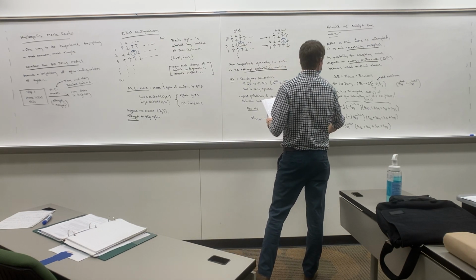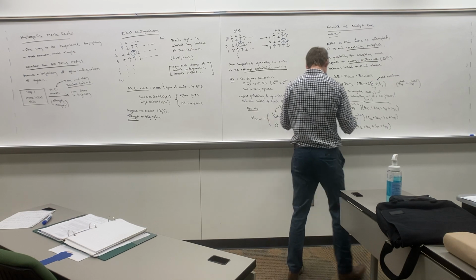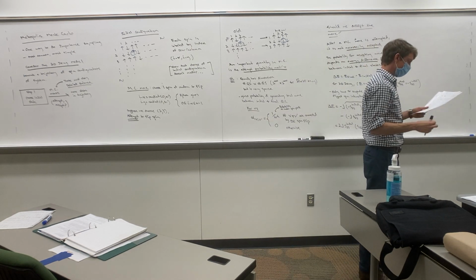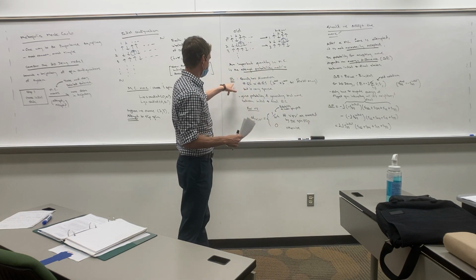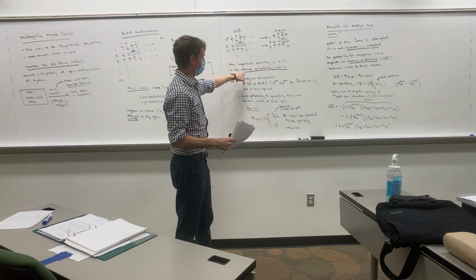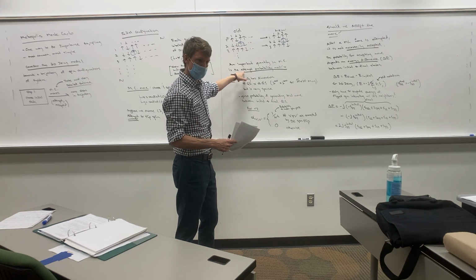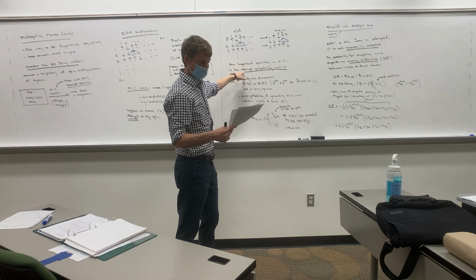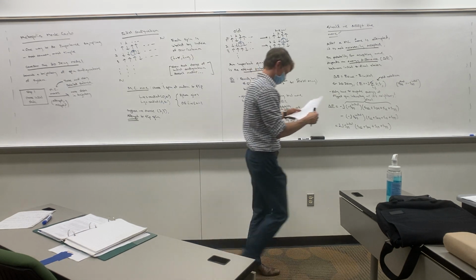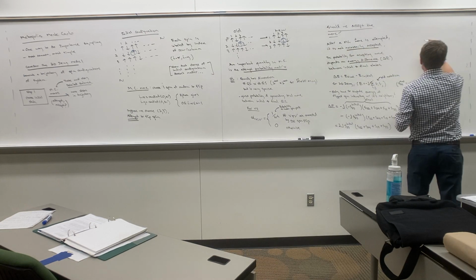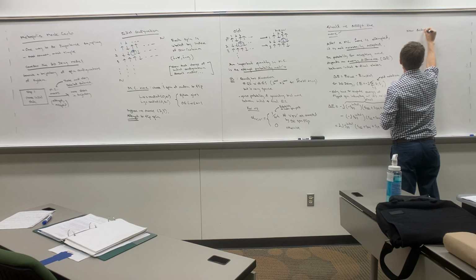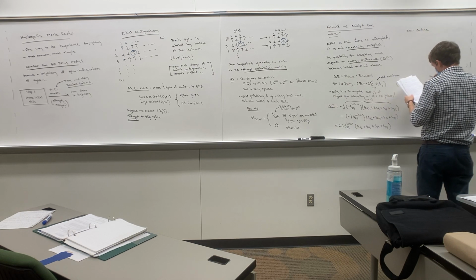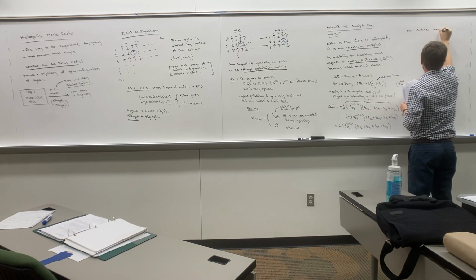Now what we're going to do is define an acceptance probability matrix. So we defined a matrix, alpha matrix, for attempting a move between two states. Now we're going to define a matrix for actually accepting that move.